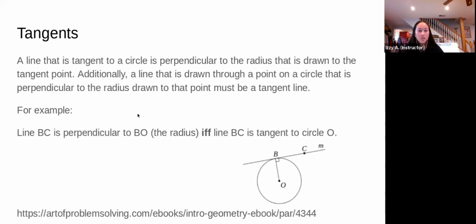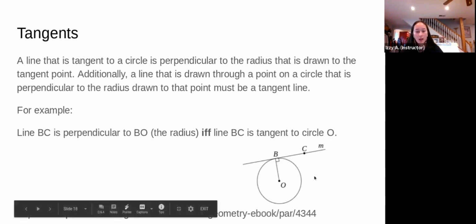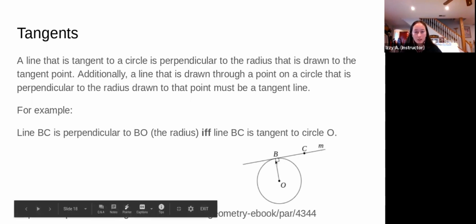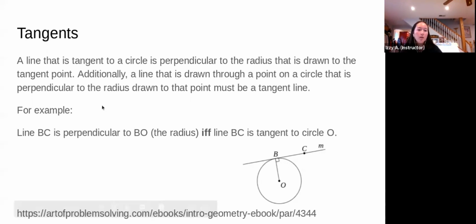And tangents. Remember that a tangent line is a line that touches the circle. Let's look at line M. Line M is tangent to circle O because it touches the circumference of the circle at exactly one point, and that one point is B. A line that is tangent to a circle is perpendicular to the radius that is drawn to the tangent point.